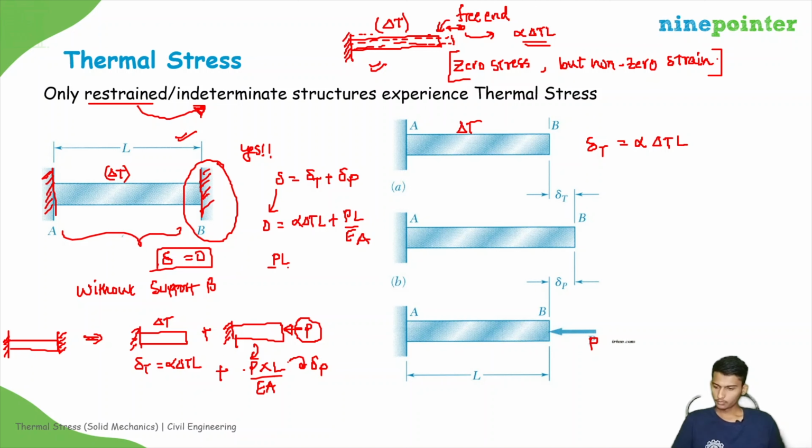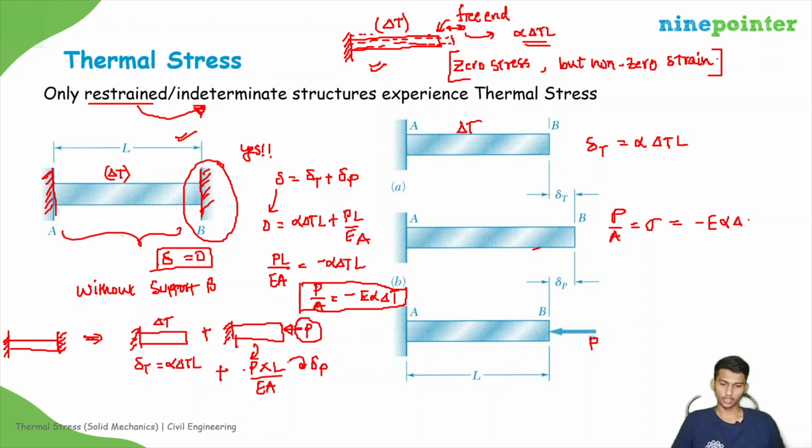So PL by EA will be equal to minus alpha delta T L. Then P by A will be equal to minus E alpha delta T. What is P by A? P by A will be equal to sigma, that is equal to minus E alpha delta T.